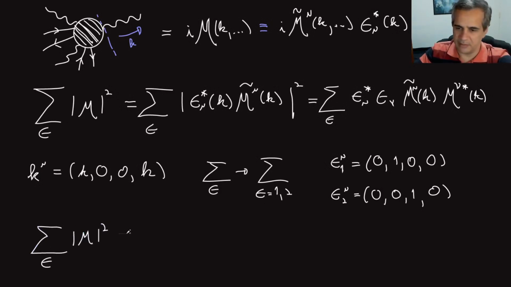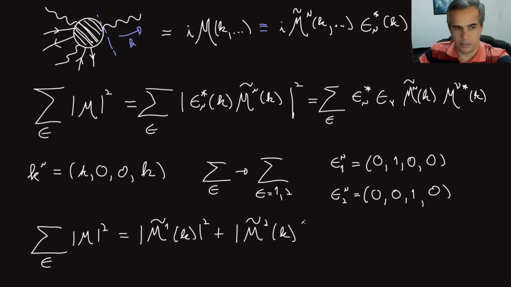And let's baptize these guys M1 of k squared plus M2 of k squared.